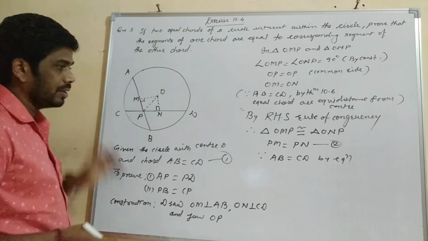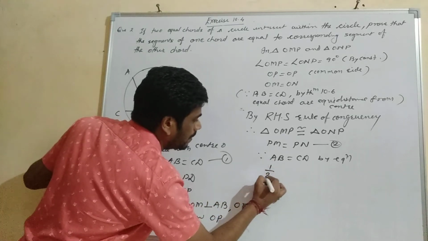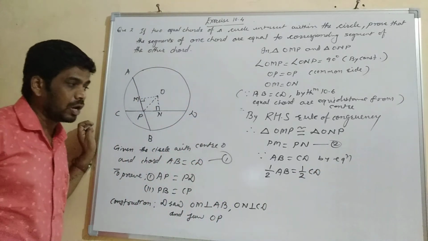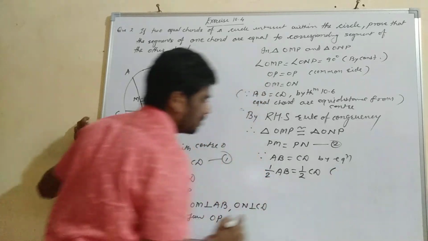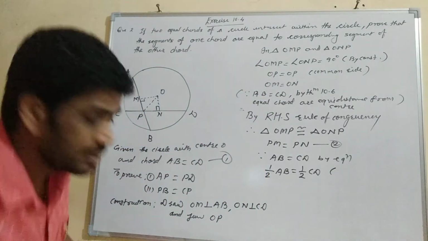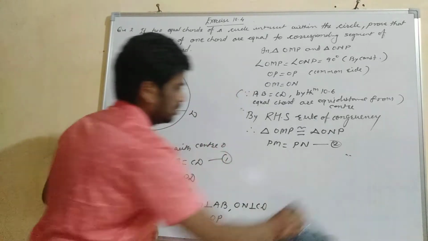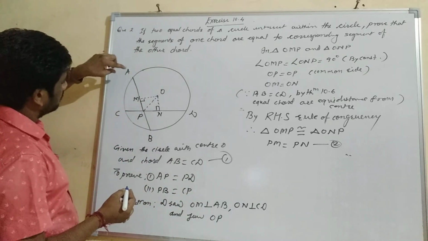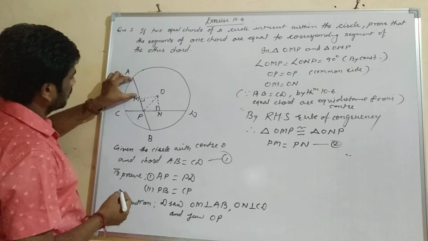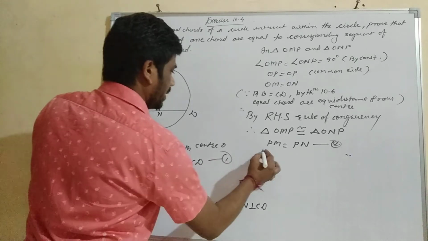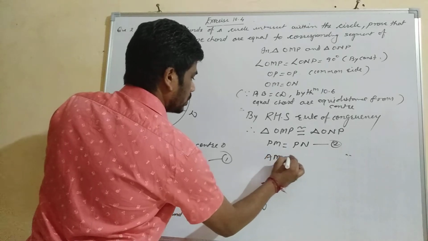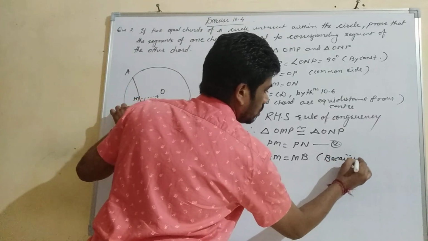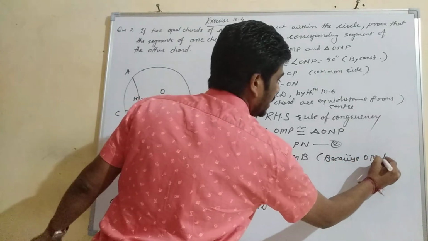We can write AM will be equal to MB because OM is perpendicular on AB.